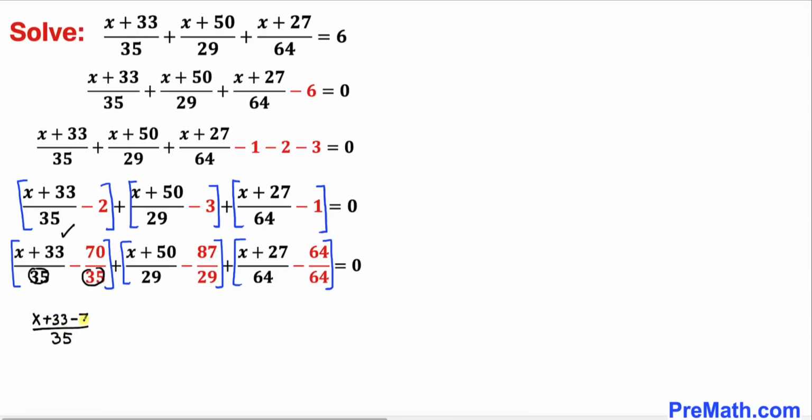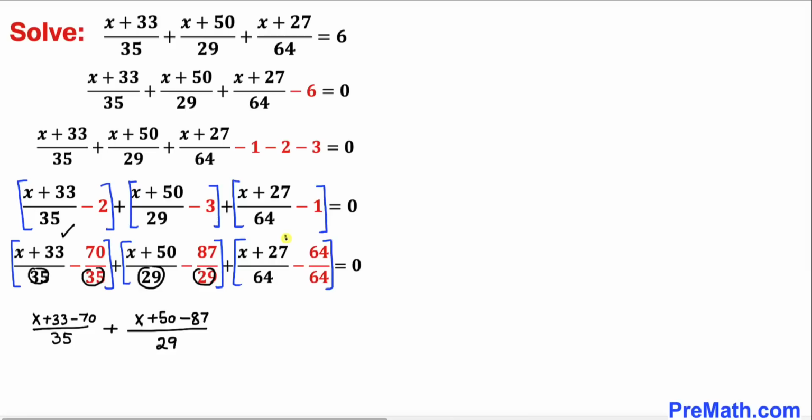33 minus 70 plus, likewise, in this next bracket, our denominator is going to be 29. So I'm going to write down 29 at the denominator, and on the numerator is going to be x plus 50 minus 87.